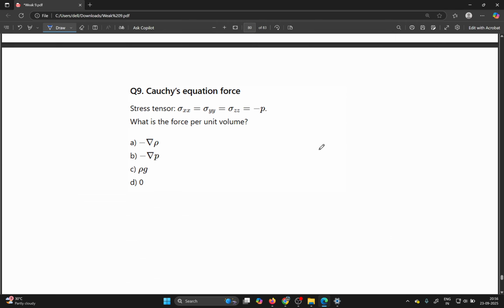Now let us move on to the next one. Cauchy's equation of force. The stress tensors, sigma xx, sigma yy and sigma zz, are equal to minus p. What is the force per unit volume? So here you need to calculate the force per unit volume.